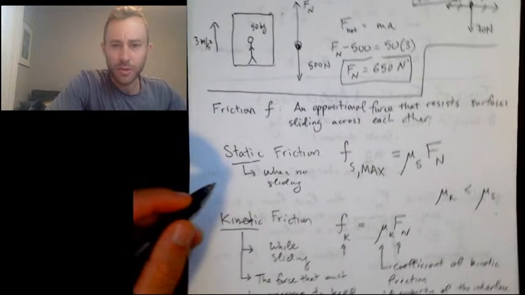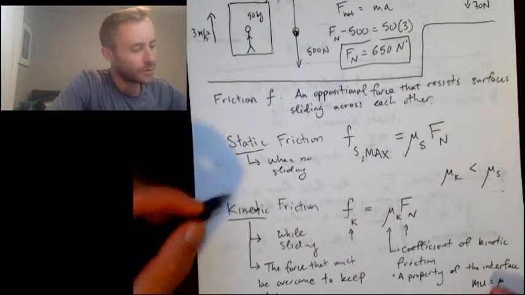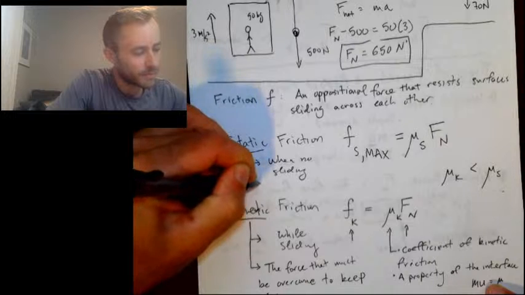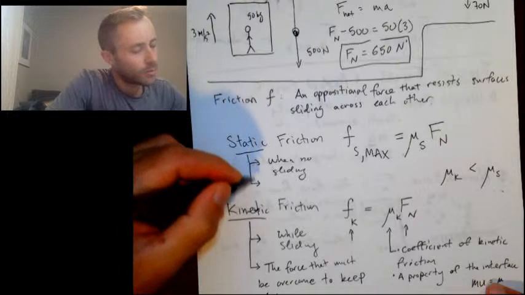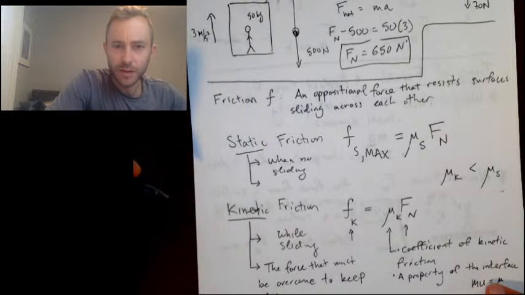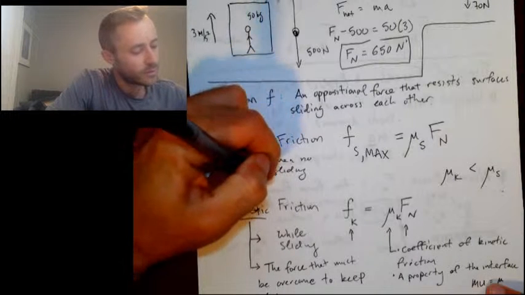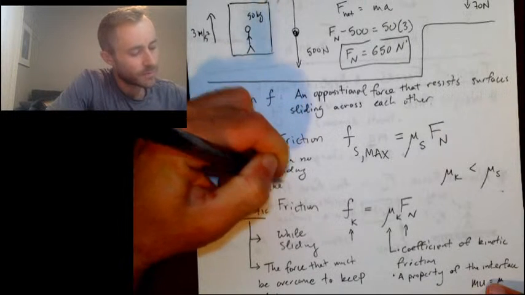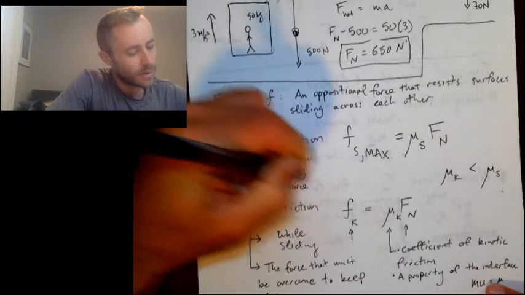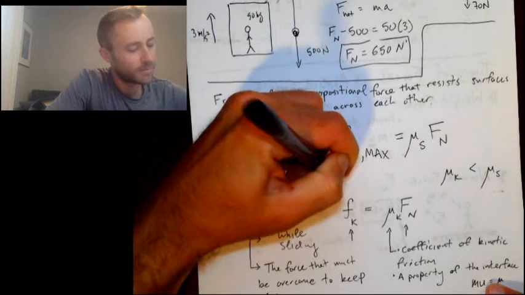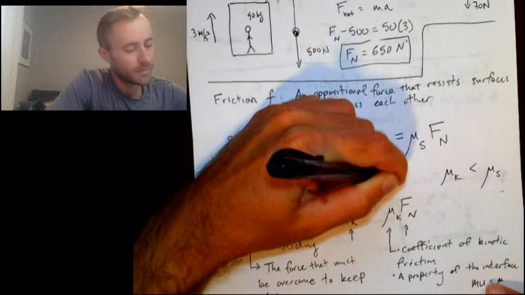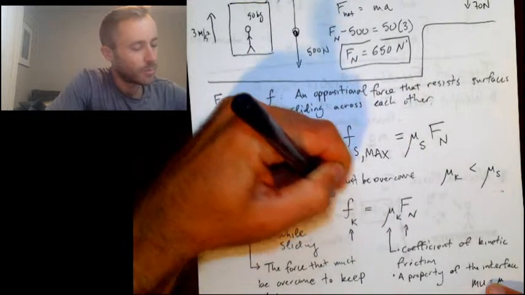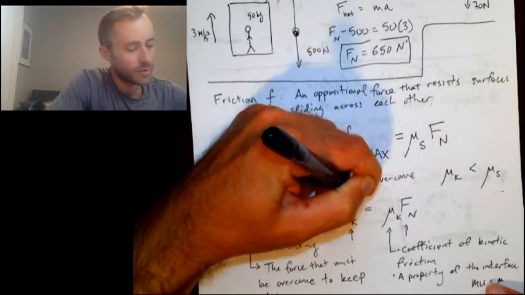One way that you could think about the coefficient of static friction is it's the force that must be overcome to budge the object.